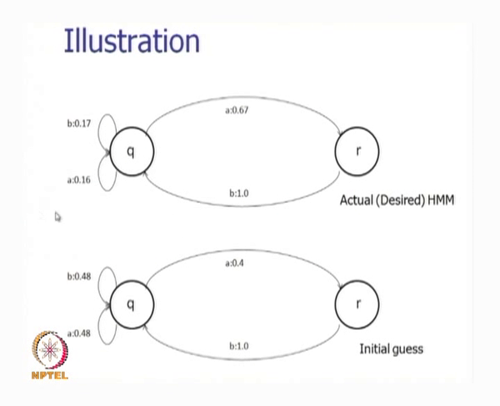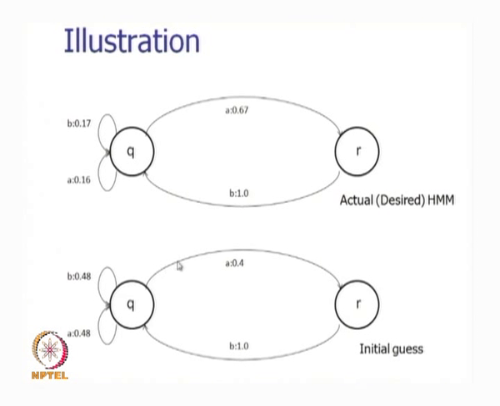Here is an HMM, where the two states are Q and R. The transitions are on A and B. It is shown that from Q to R, a transition can happen with a probability of 0.67, where the output symbol is A. And from R to Q, the transition is on B only, and this is a certain transition, there is no non-determinism here.